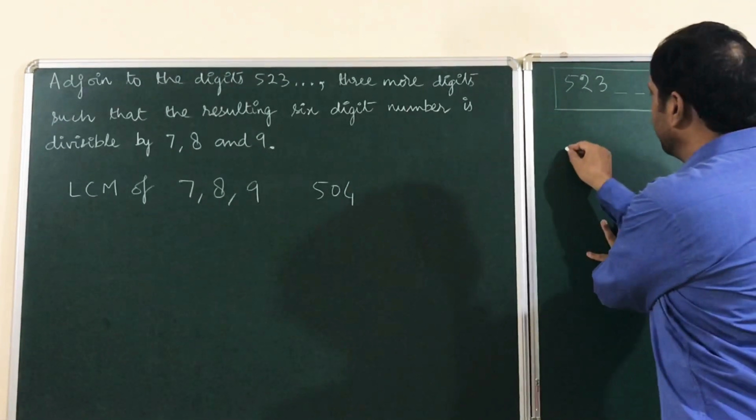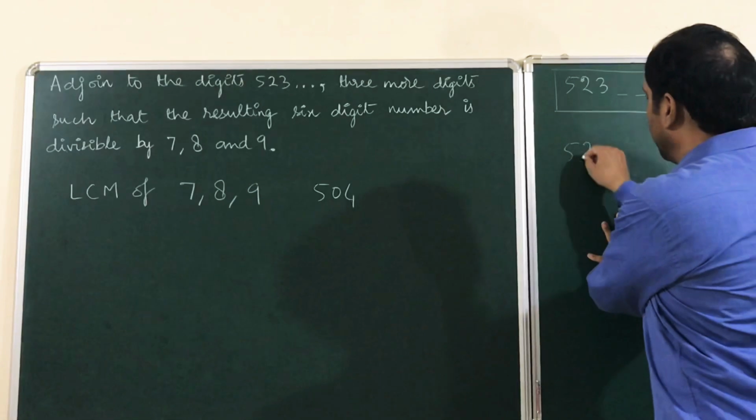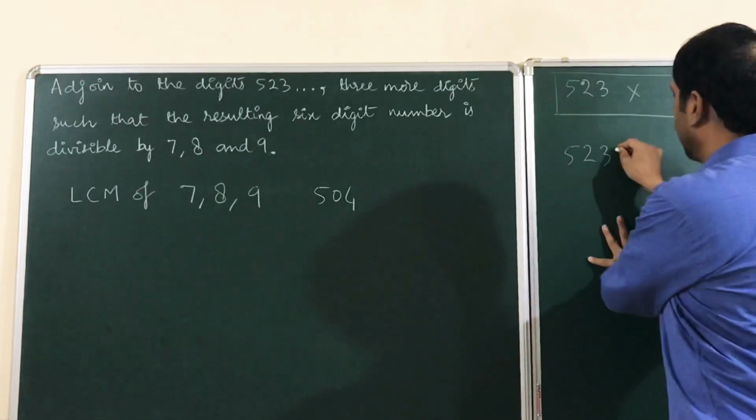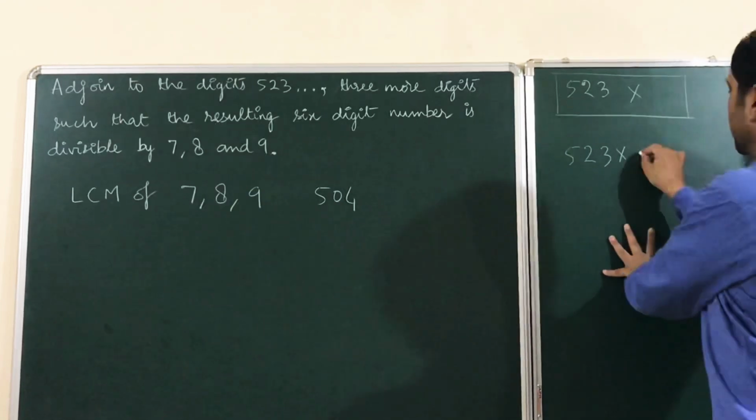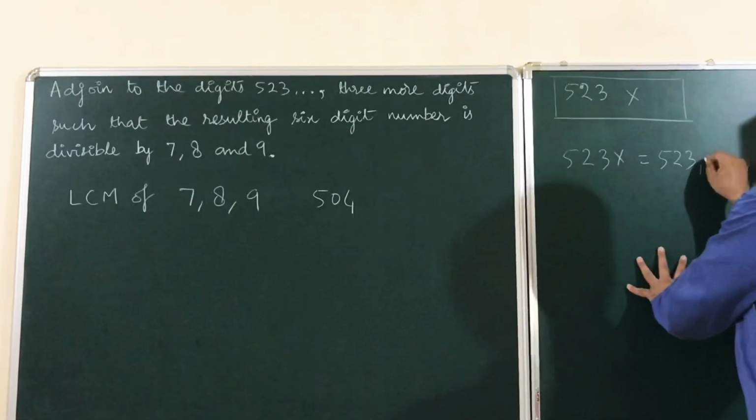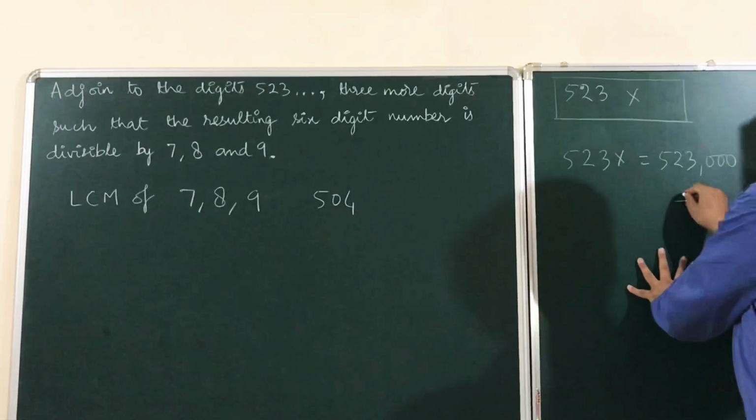So what I'll do, 5, 2, 3, let's say those 3 digits I'm considering in total as x. So that can be written as 523000 plus x.